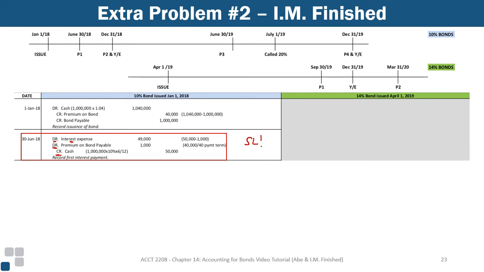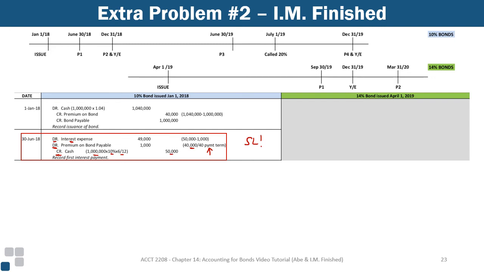So credit cash first. $1 million times 10% times 6 over 12 is 50,000. Credit cash 50,000. Now, because the premium is 40,000, we're going to straight line amortize that over 40 periods.